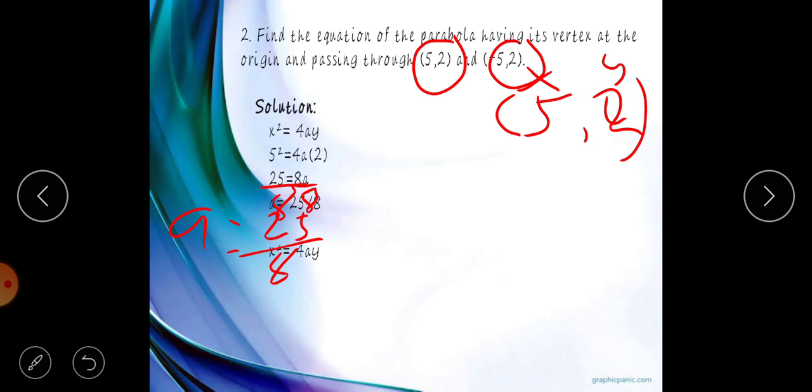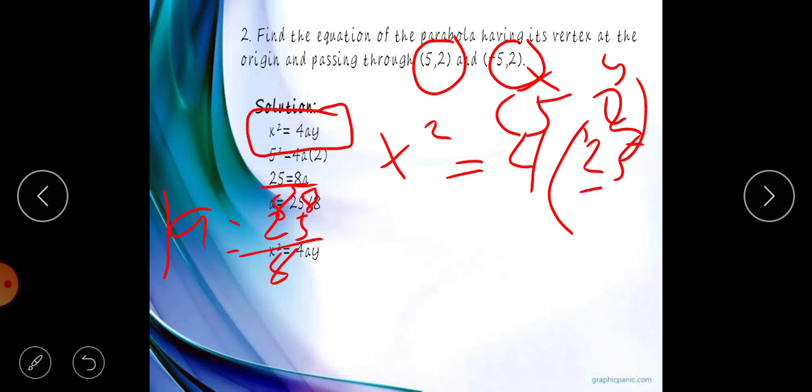Now to find the equation, we still need to use this equation, x squared is equal to 4ay. By substituting the value of a, 25 over 8, we substitute this value to its corresponding place. So x squared is equal to 4 times 25 over 8 y.